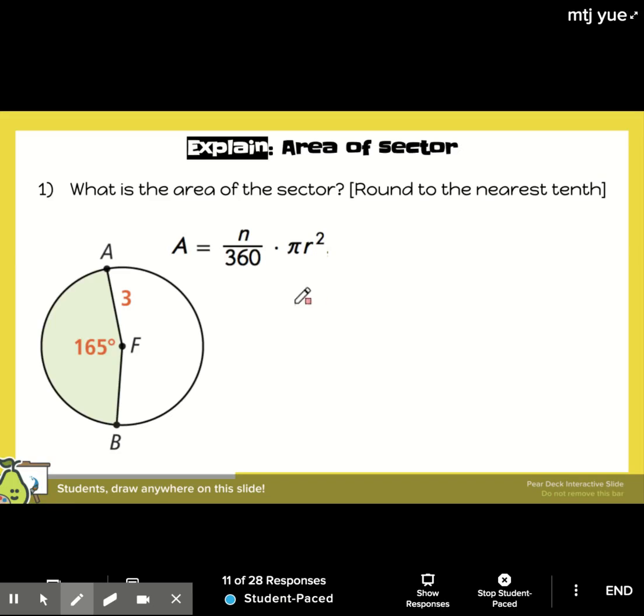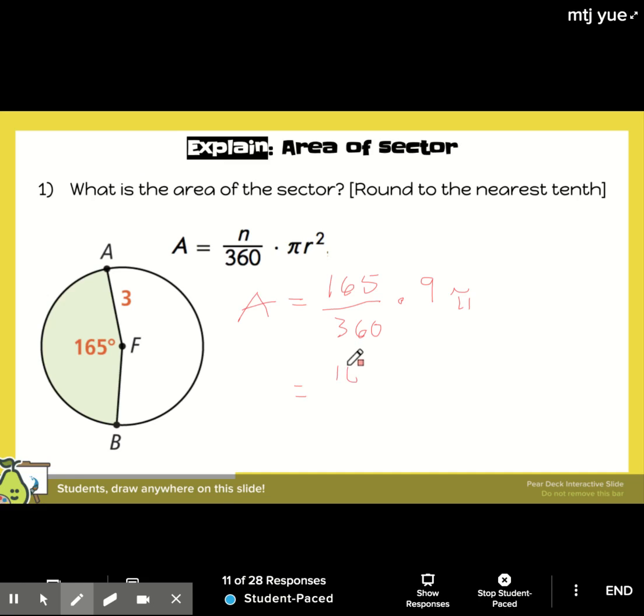So let's go ahead and go over 2 examples. For this one, I have A is equal to 165 divided by 360 times my R, which is 3 squared, 9 pi, right? And so I know from here that I can divide 9 into 36.